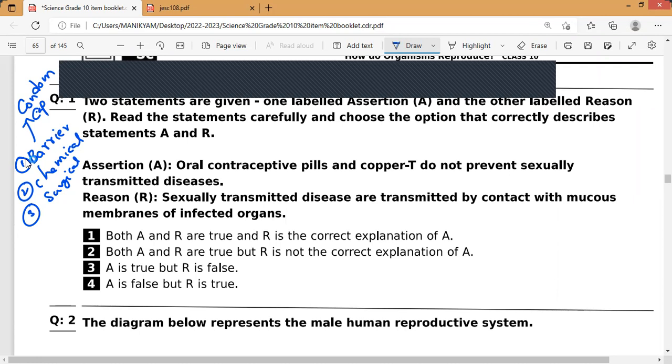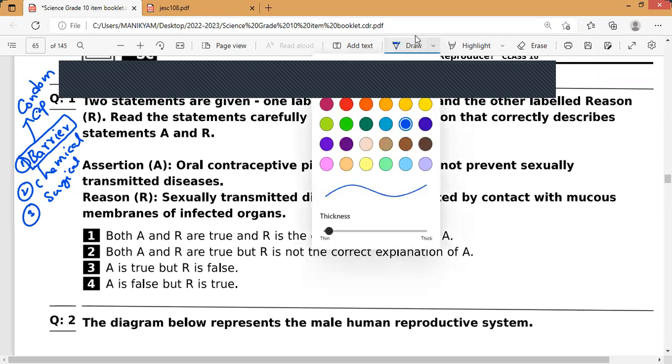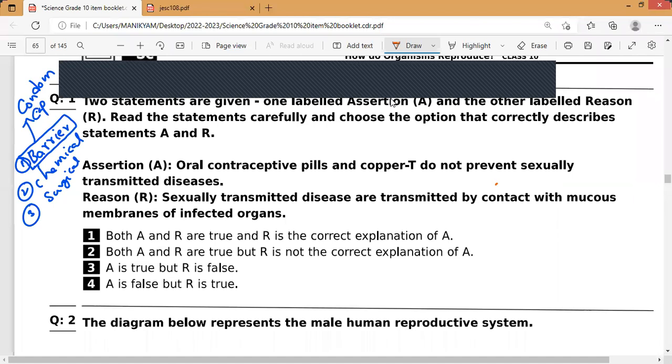The one and only method which prevents STDs is the barrier method. The remaining methods are the chemical methods, the intrauterine contraceptive device, which is called the Copper T method, and the surgical methods, vasectomy for male and tubectomy for female. The only method which will prevent sexually transmitted diseases is the barrier method.